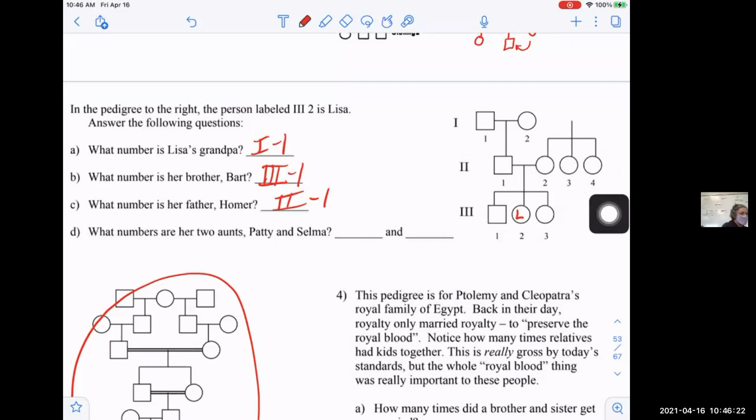Hold on. So let's write the answers. One question here is which number is Marge then? Mom, 2-2. So this is Marge, right? 2-2. She's married to Homer. She's got Bart, Lisa, and Maggie, if you guys ever watched The Simpsons.